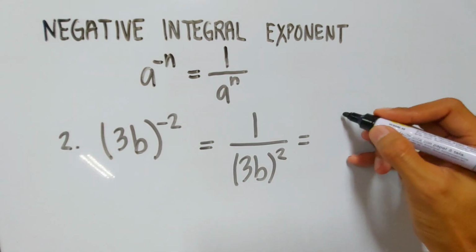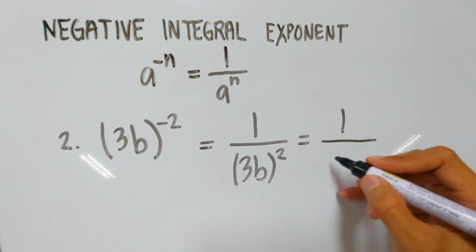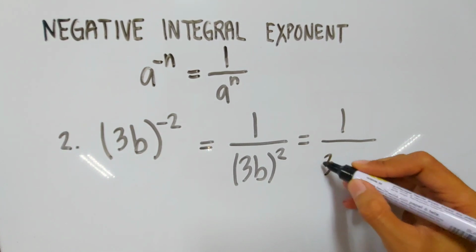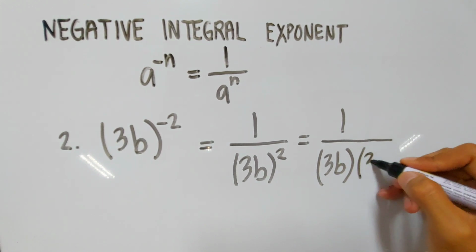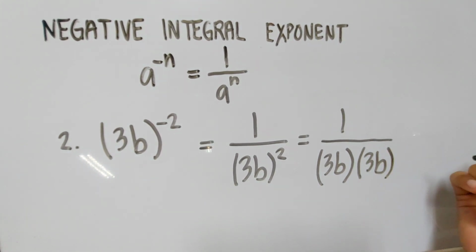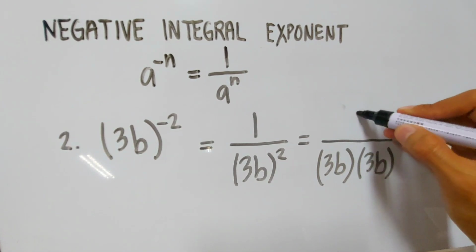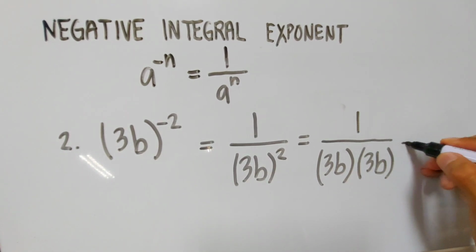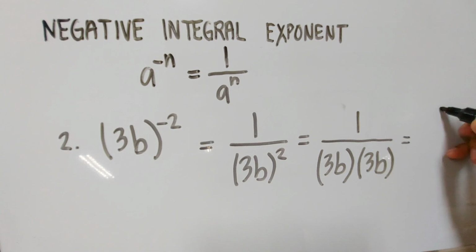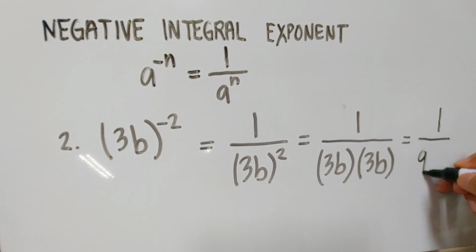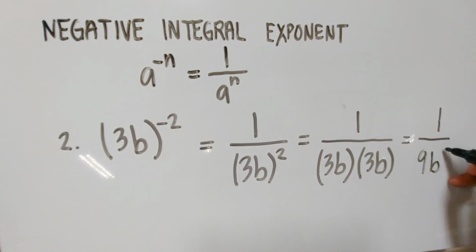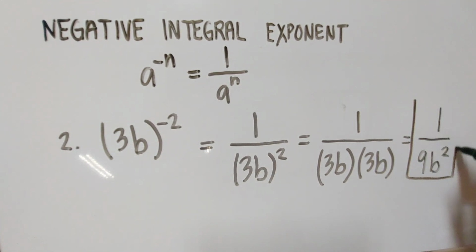Just copy the numerator na 1 over. Okay. Gagawin natin, kukunin natin yung expanded form. Ang expanded form niya is 3b times 3b. Then, next is you need to simplify the denominator. 3b times 3b, that is 9b squared. So, that is the final answer.